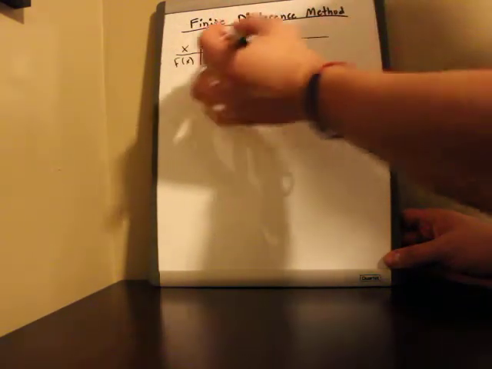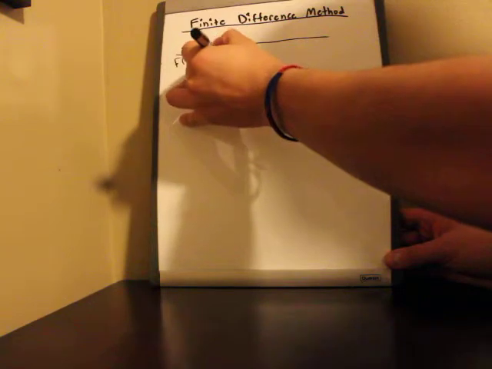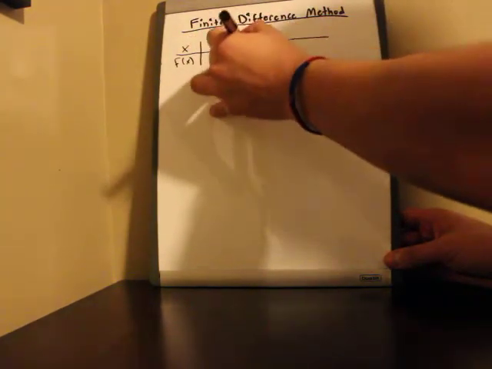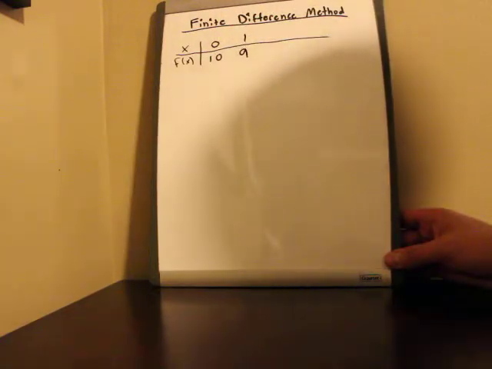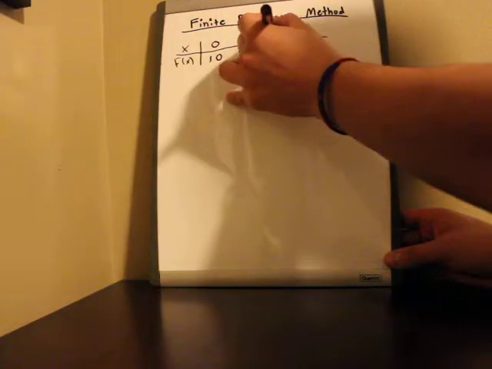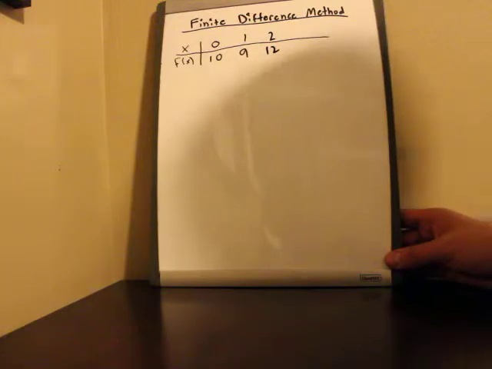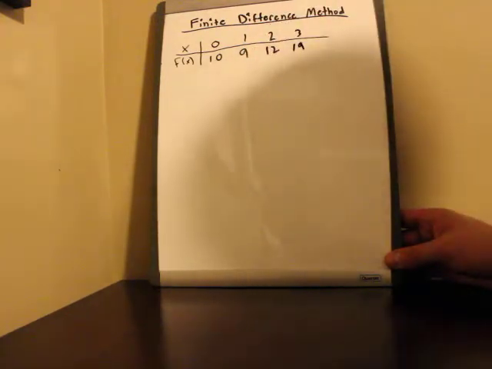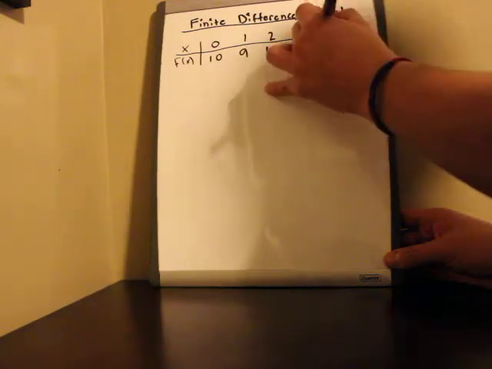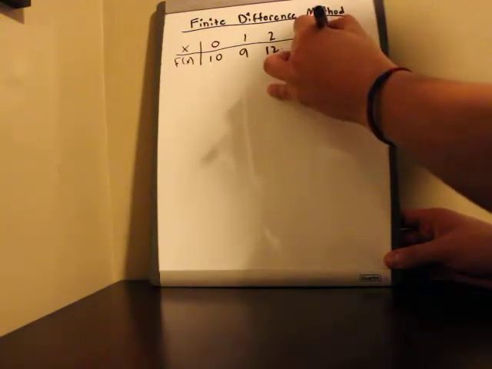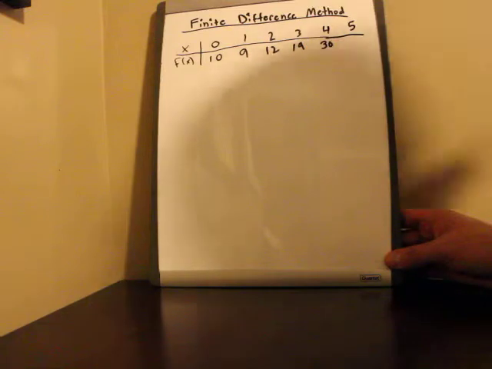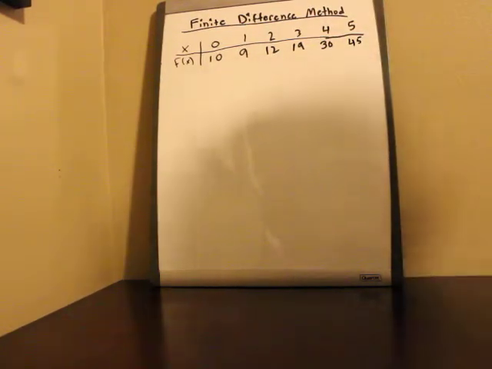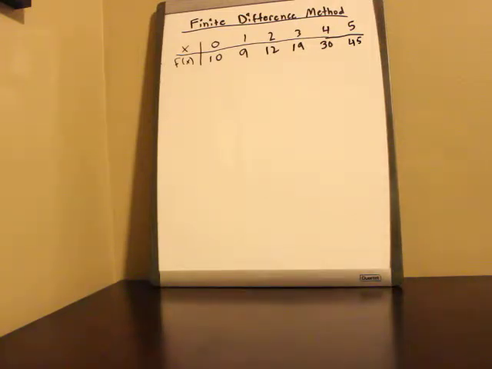Okay, so we have at 0, 10, at 1, it's 9, at 2, we have 12, at 3, we have 19, at 4, we have 30, and at 5 we have 45.